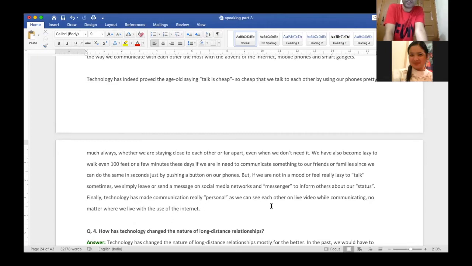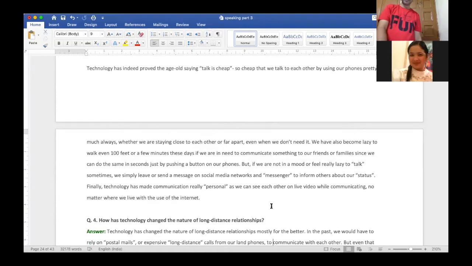There is WhatsApp, there is Zoom. We can talk through these mediums. So new techniques have made communication very easy. We can watch each other on videos with the support of the internet.